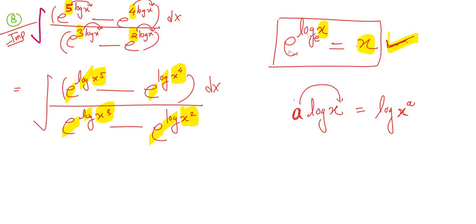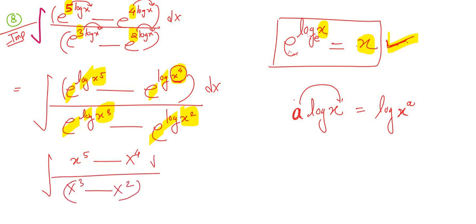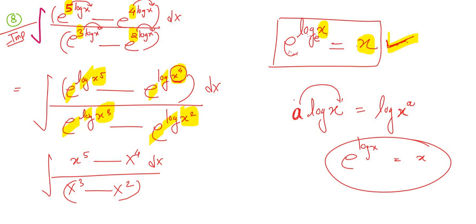By this formula, ठीक है? देखिए, तो यहाँ पर बचेगा x^5 माइनस यहाँ पर x^4, और इधर x क्यूब और x स्क्वायर, ठीक है? तो हमेशा याद रखिए e raised to power log of x is x, ठीक है? e and log kind of cancel each other and we get x.